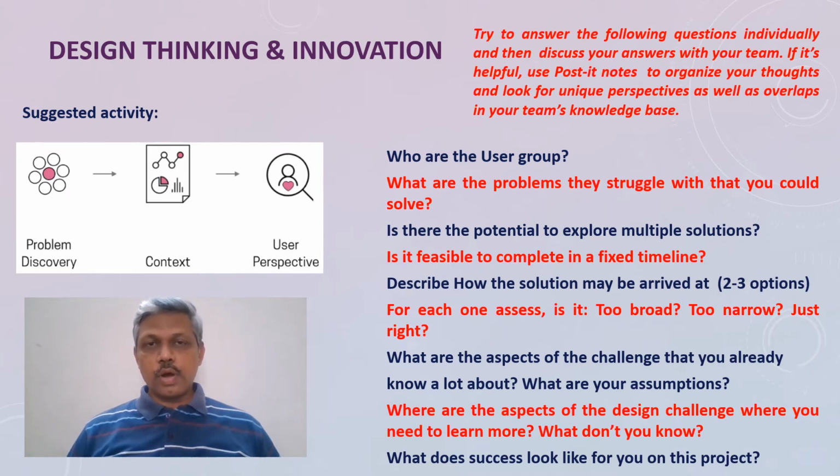One is, what is the problem that we are going to attack, and what is the context around that problem, a clear understanding of the context in terms of environment, in terms of the community, in terms of the overall situation, and what the user perspective is, what the various user perspectives are that may be required to solve the problem. So a clear understanding of these things is supposed to be obtained at the end of the session.